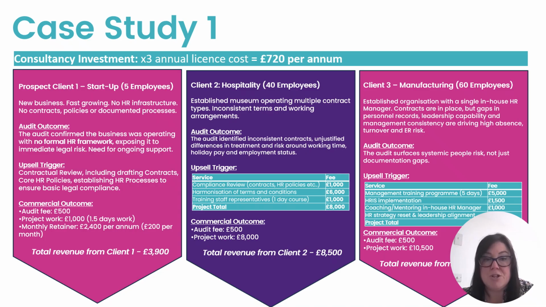So this HR consultancy purchases 3 licenses. It costs them £720 because they've gone for the annual license. The consultant decides they're going to use 2 licenses and allocate those to existing clients.